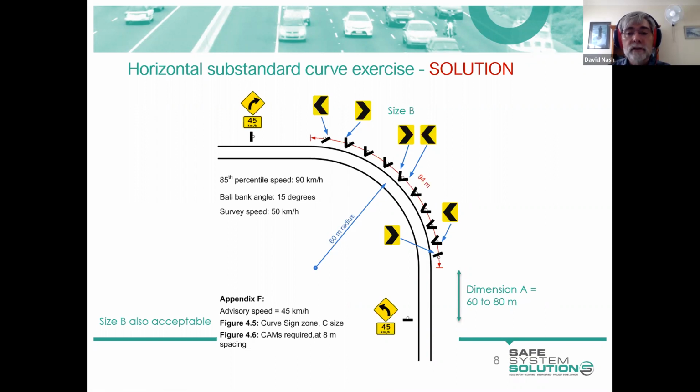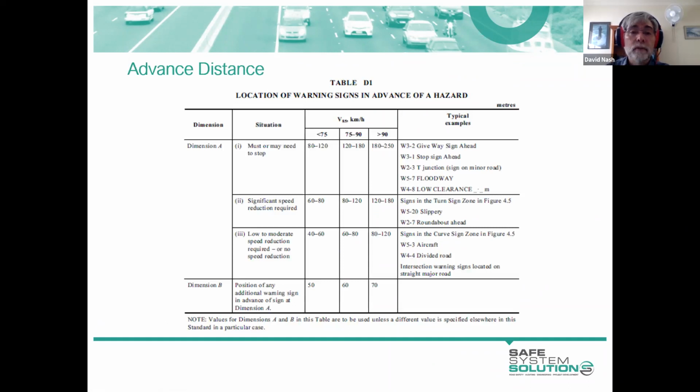We didn't ask you to determine how far back from the start of the curve the warning sign should be on this approach and this approach. But if you did look at that, and I think a couple of you did, it's dimension A in the Australian Standard, and I get 60 to 80 metres for dimension A, which comes from this table in the Australian Standard. Dimension A, if you must or may need to stop, well, for a curve you don't.